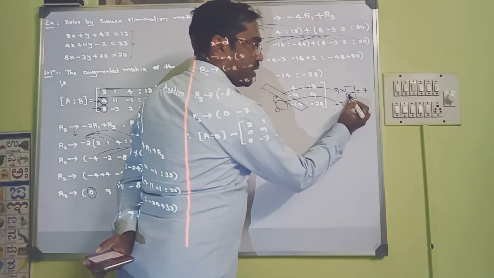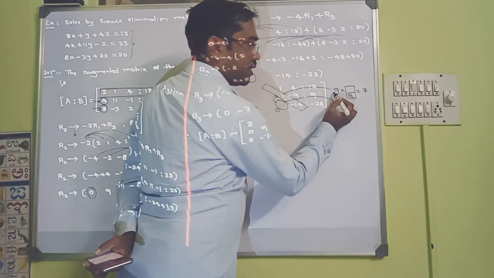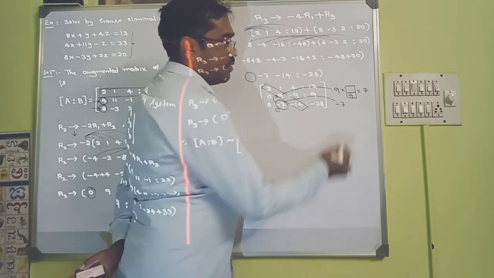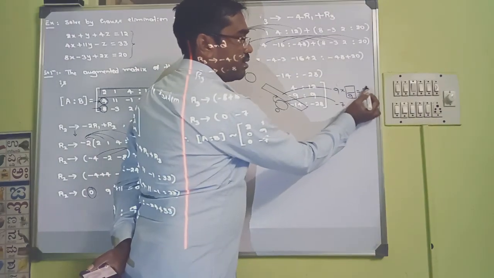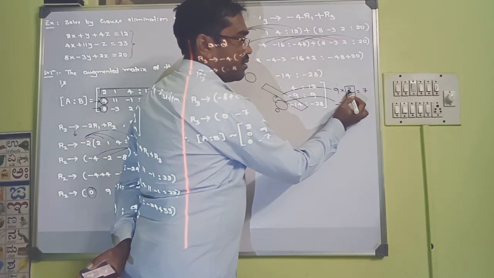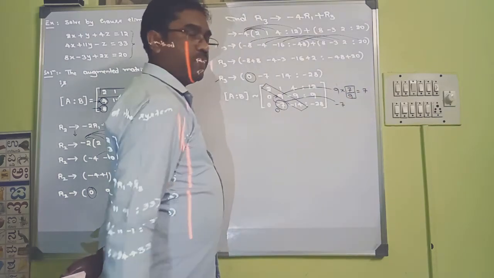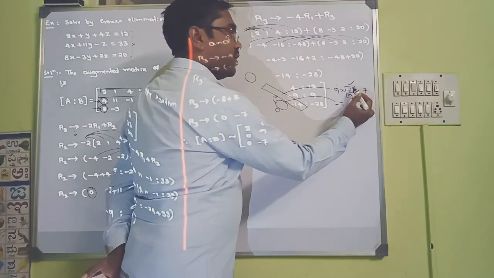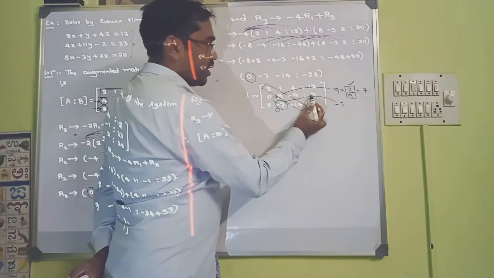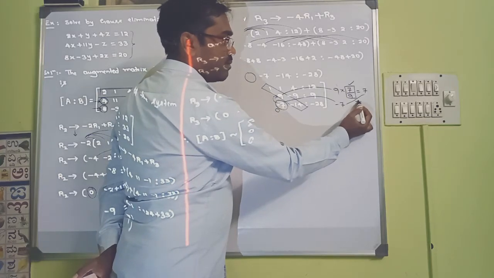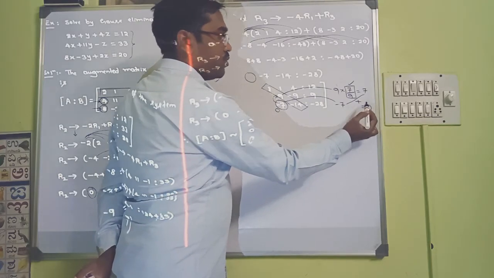I need to divide by 9 so that 9 gets cancelled. You get 1. Then since I want 7, I will multiply by 7. So that 7 ones are 7. So this is the number which I need to multiply with R2, then add R3 so that you get 0.